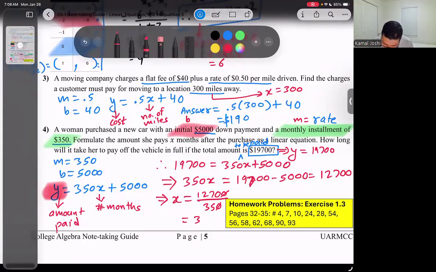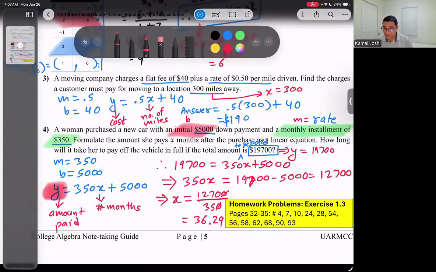Let me double check the answer. 350, 5,000 down payment. When I was making the question, I maybe calculated off by $10 or something. I was doing the mental calculation while making that. So it came in decimals, but that's fine.